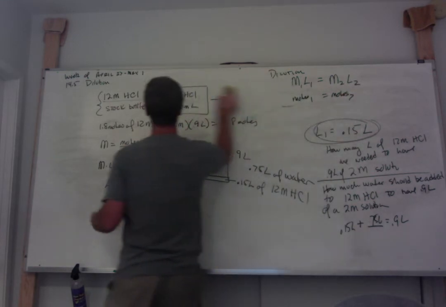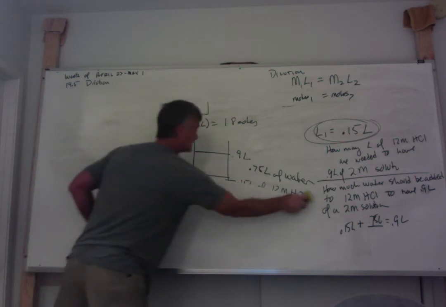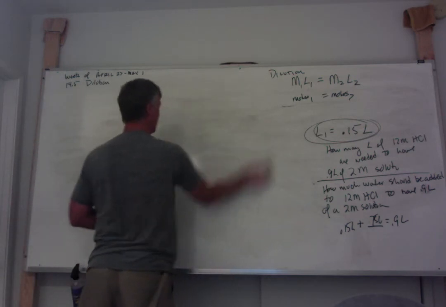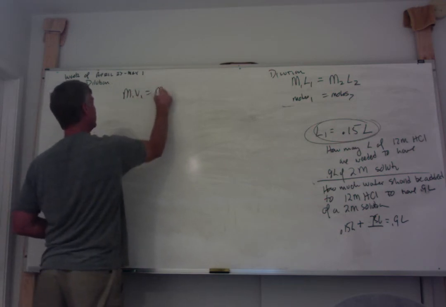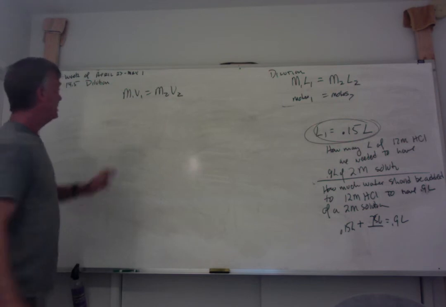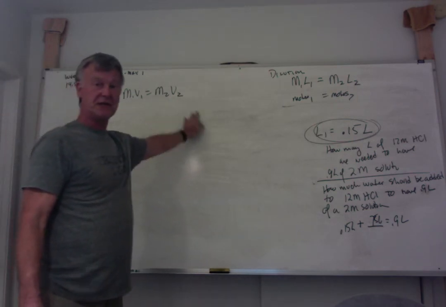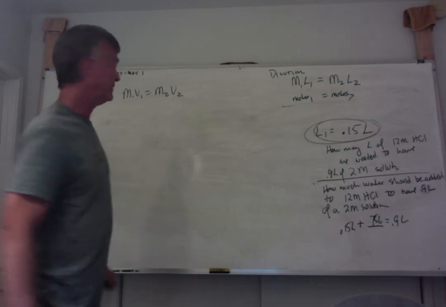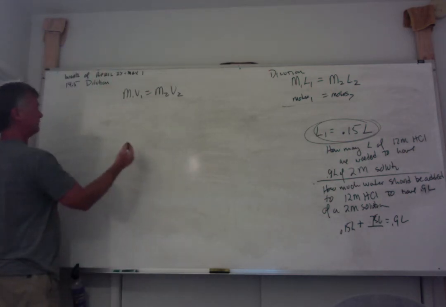But the actual dilution equation looks like this: M1 V1 is equal to M2 V2. They're always going to give you the more concentrated molarity and then figure those out. Every once in a while they might turn it around and say, we diluted it by adding this, what was the molarity? But that's not real common.